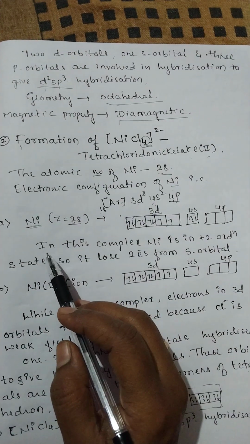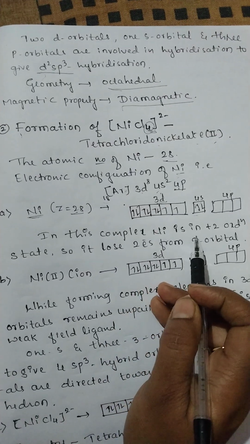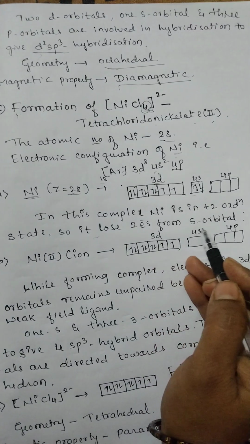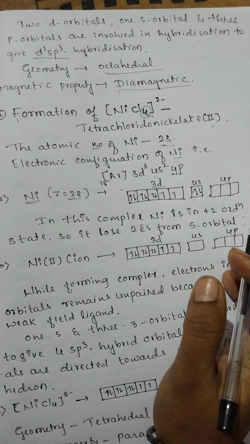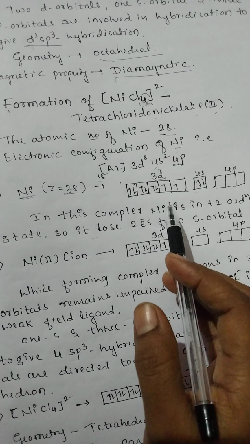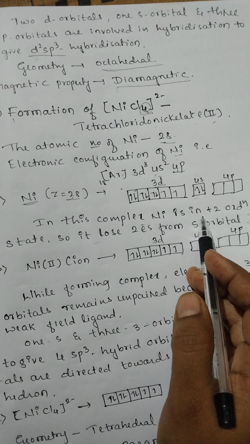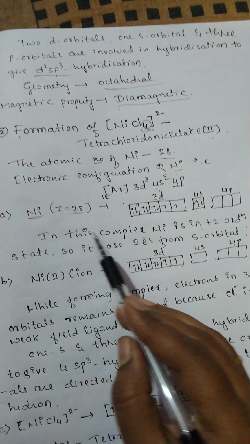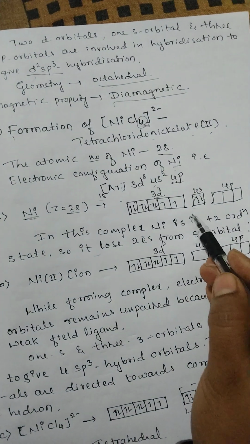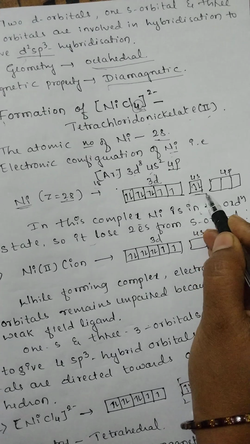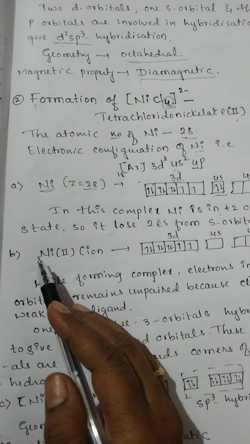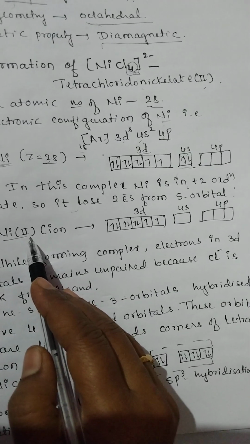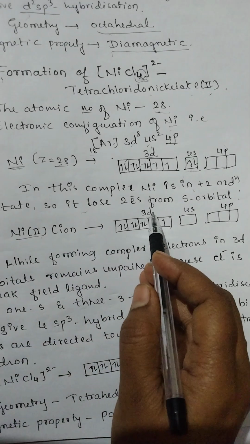In this complex nickel is in the +2 oxidation state, so it loses 2 electrons from the 4s orbital.